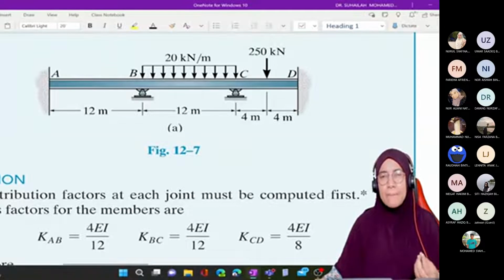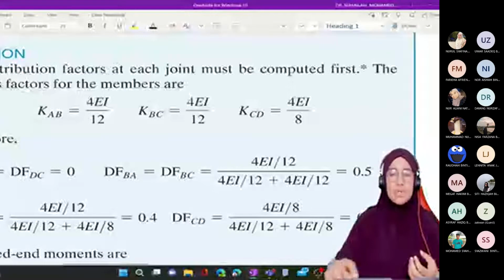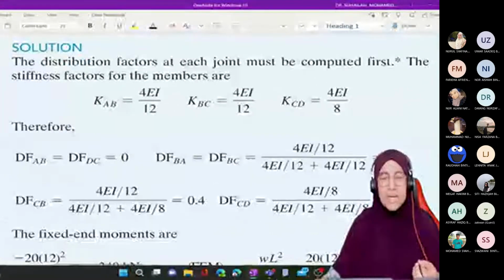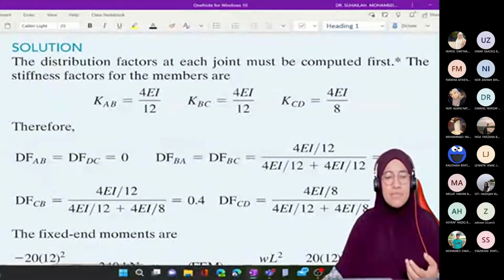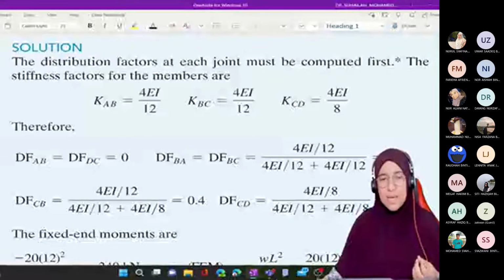That is member stiffness. From the member stiffness, we continue to calculate the distribution factor. Distribution factor is member stiffness divided by joint stiffness.